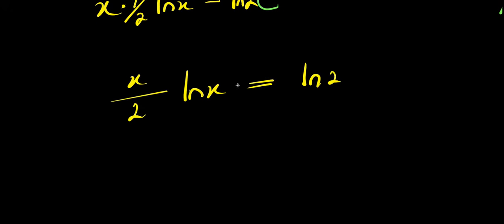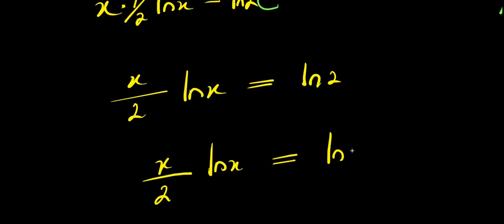Now, the next step is to multiply both sides of this equation by a. So I will have x divided by a times ln x equals ln 2, and I multiply this by a, I multiply this by a.